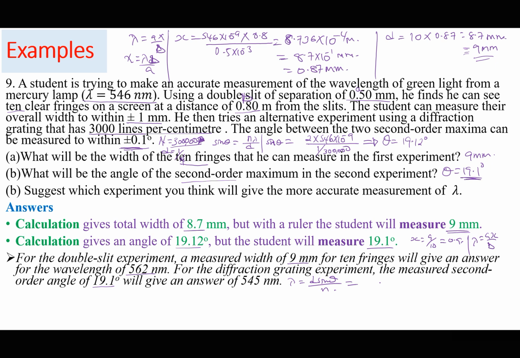So this is giving me 545. So the wavelength here is 545, or 5.45 times 10 to the power of minus 7, which is 545 nanometers.